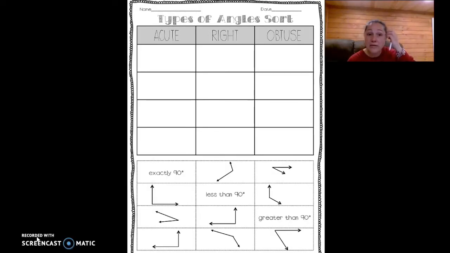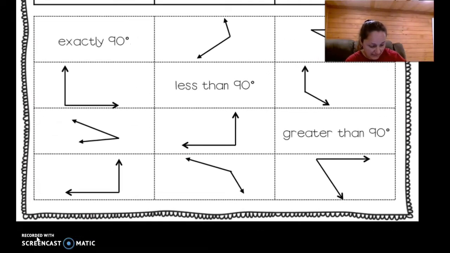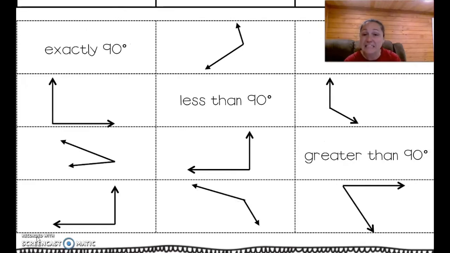Now, when we are organizing our shapes, we're going to look at some of these. Let's label some of these. Exactly 90 degrees. Anything that is exactly 90 degrees is a right angle.